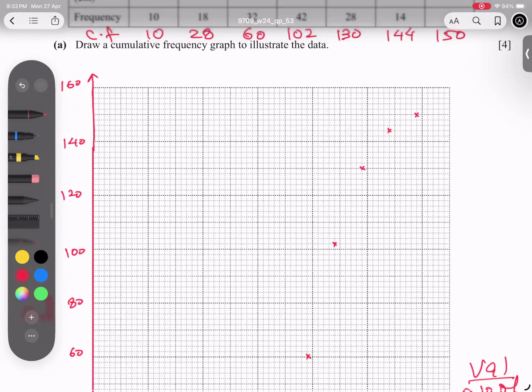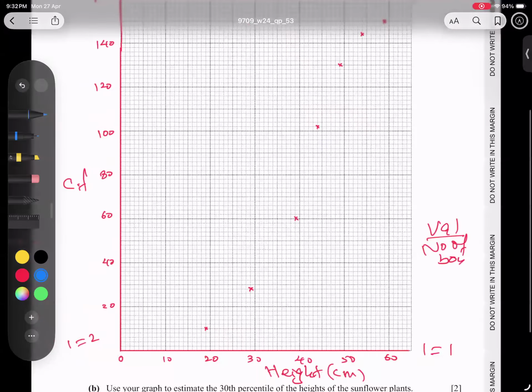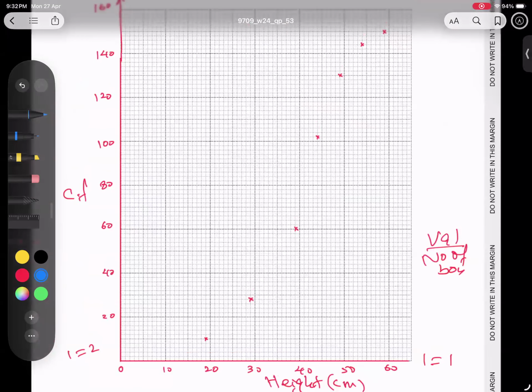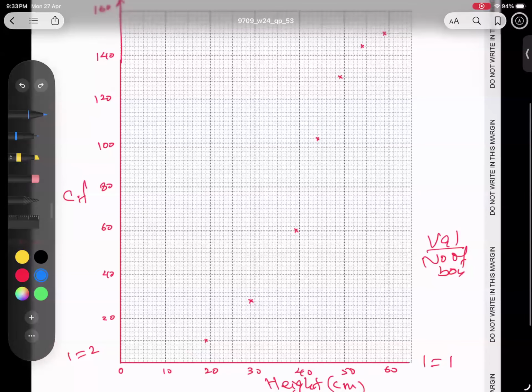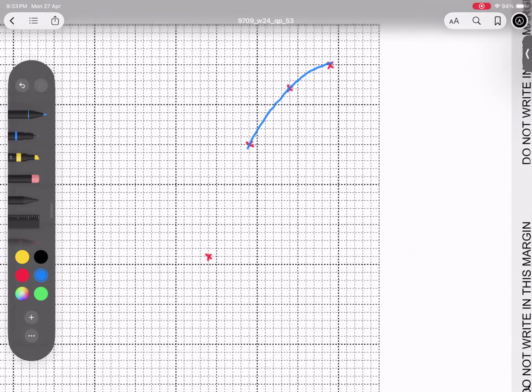Okay, clear, students. Now I'm going to sketch them. Some students join directly like this. Don't join this way. So what is the way to do it? Check it carefully. More bend. This is okay.